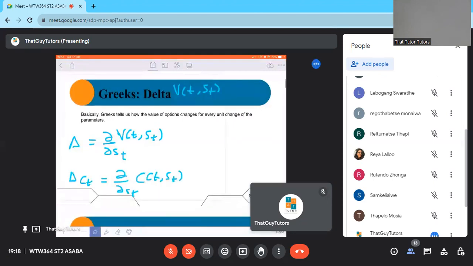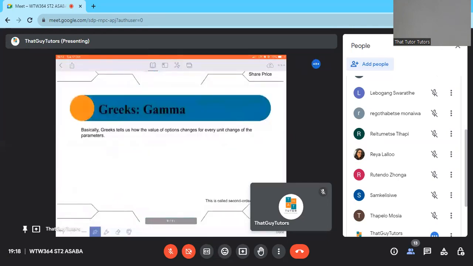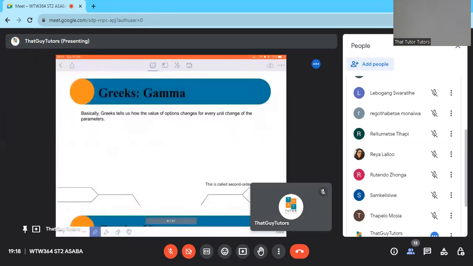We also have another Greek, the gamma. The gamma is the derivative with respect to the share price, but of the delta. So basically this is the second derivative with respect to the share price of your claim. I used V for the claim.